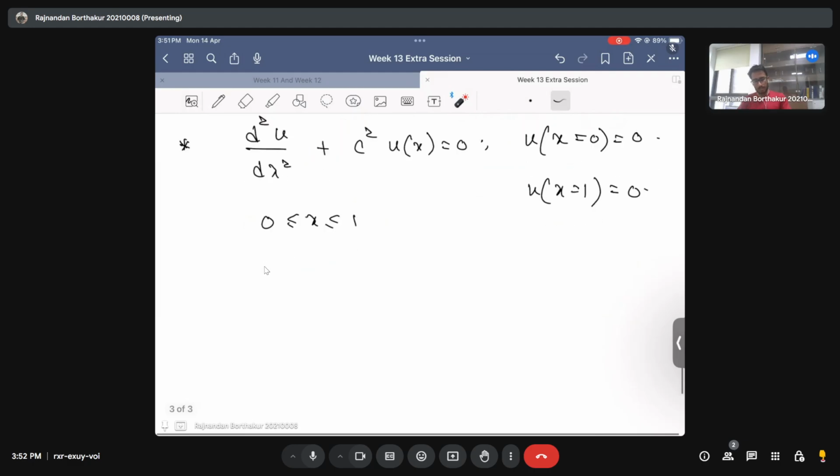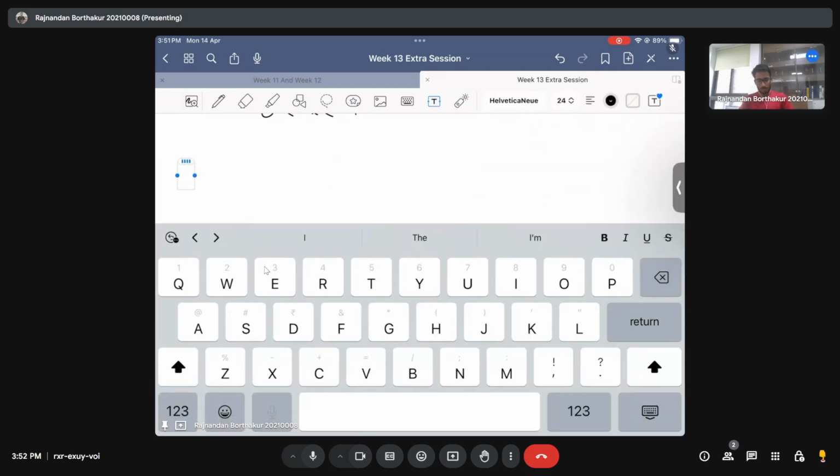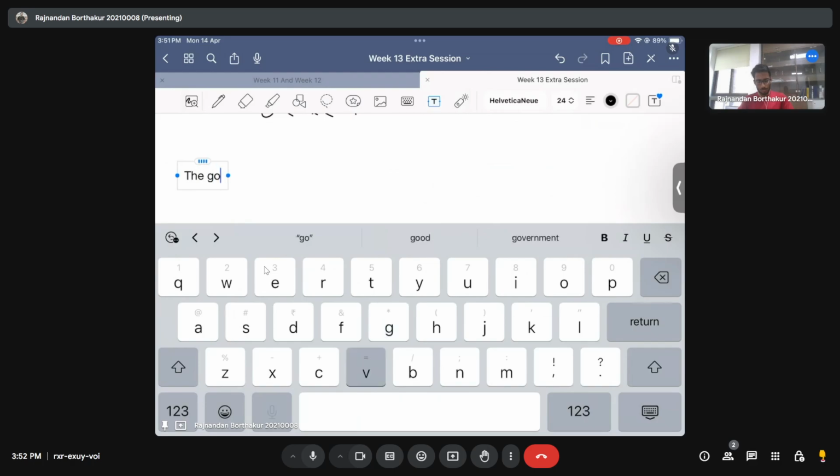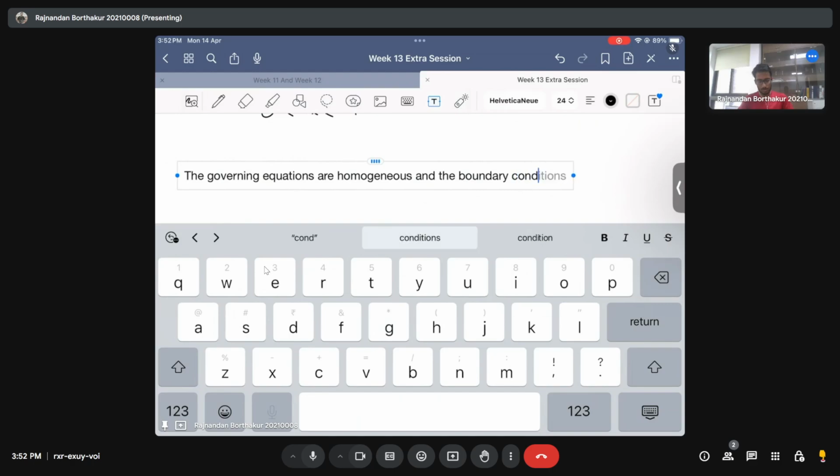So that is something that I'll write, that the governing equations are homogeneous and the boundary conditions are also homogeneous. Okay.